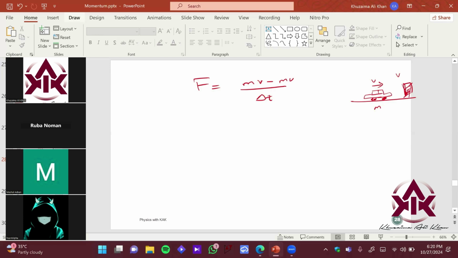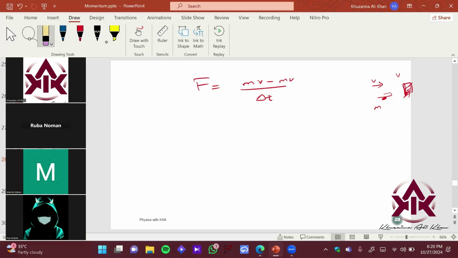Let me give you a simpler example of a tennis ball. This is a wall, and you are standing over here, throwing a tennis ball in this direction. It has a mass m and an initial speed u. After bouncing back, it comes towards you with a final speed of negative v.